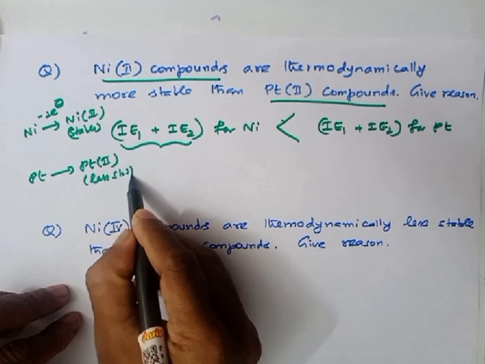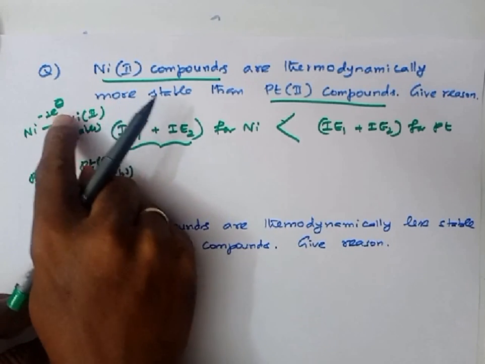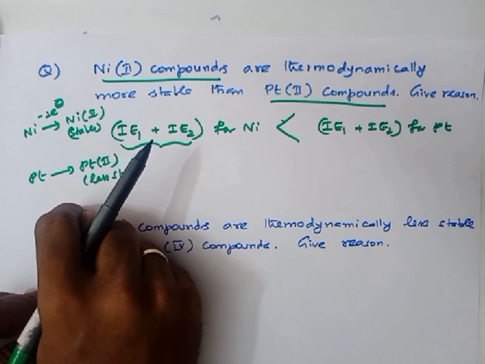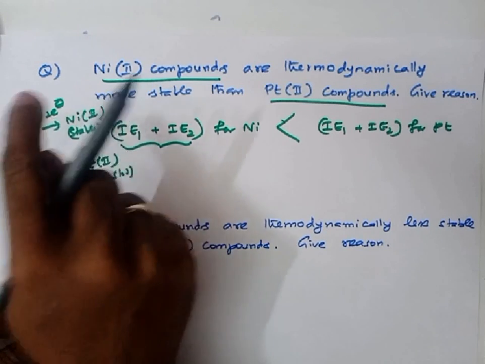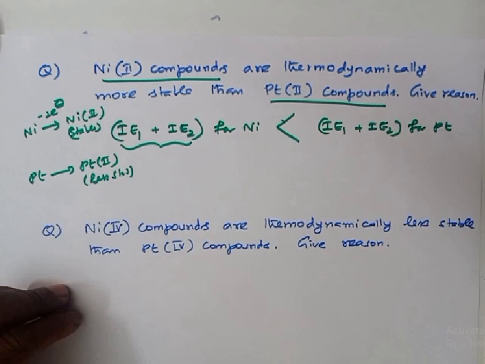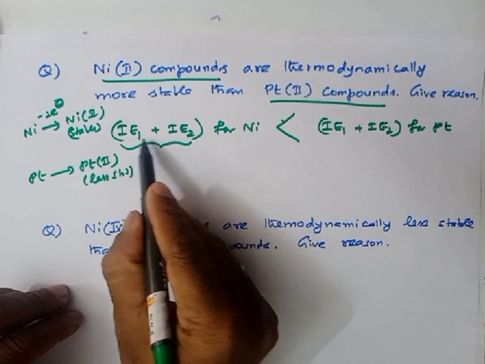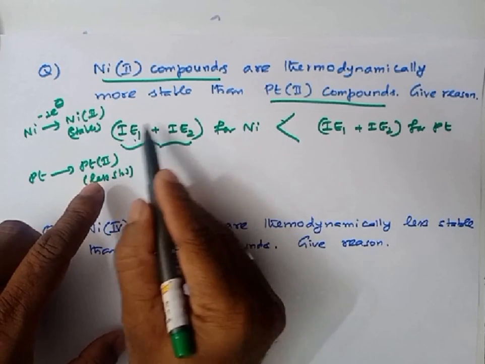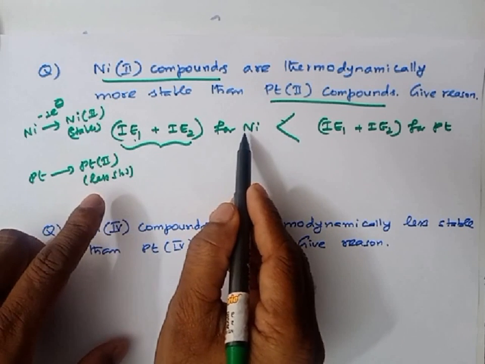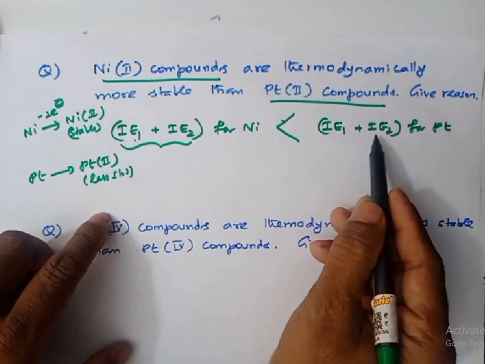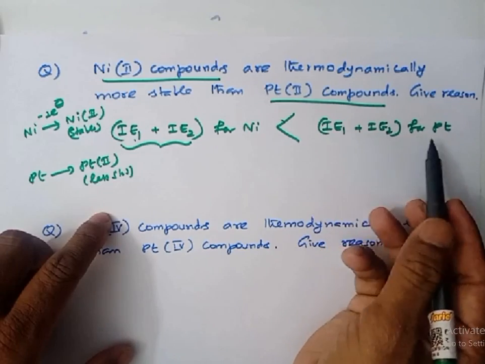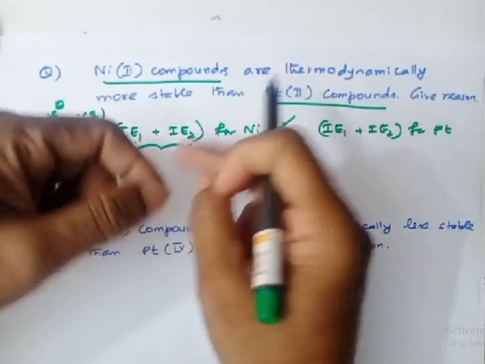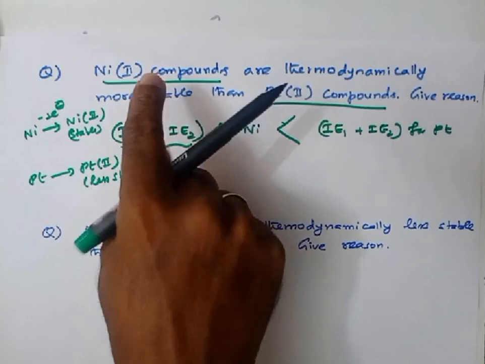That's the meaning. After removal of electrons, you get a stable structure, which means removal of electrons is easy. Yes, sir. Therefore the sum of the first and second ionization energy is less for nickel compared to the sum for platinum. Since it is less, removal of electrons is easy, so nickel(II) compounds are readily formed.